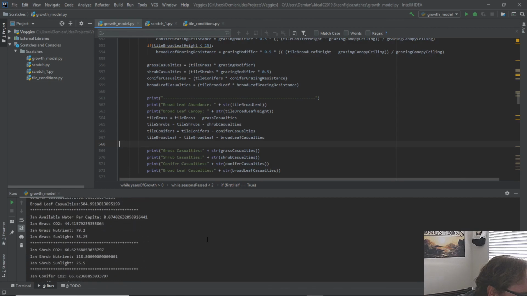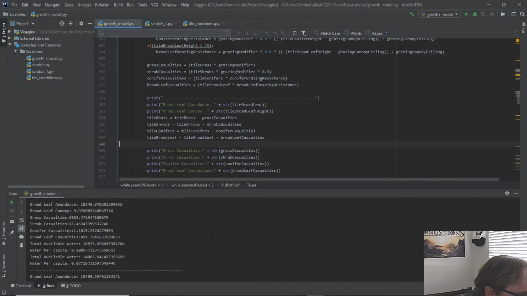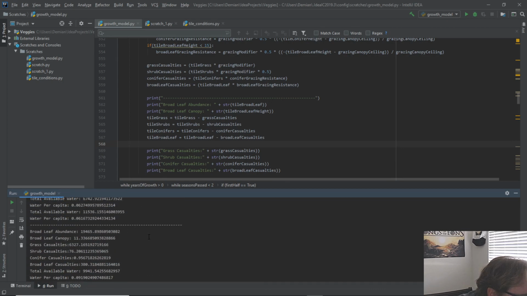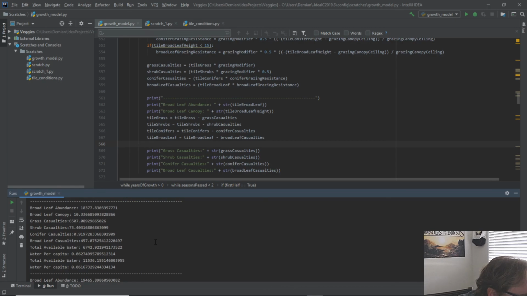At least see if we have realistic casualty figures. So what's supposed to happen? Yeah, we got about the casualties that we were expecting. But it is not doing enough to suppress broadleaf trees.